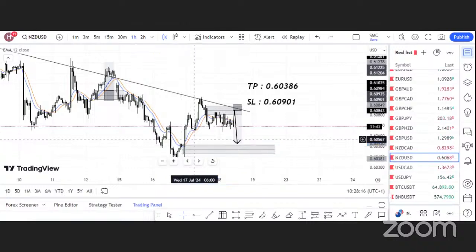Let's say after my analysis, I have a buy confirmation around this zone. Maybe I saw a support level, and it's a strong support level. I know that when the market gets to that level, the market would buy. The bulls will take over the market.